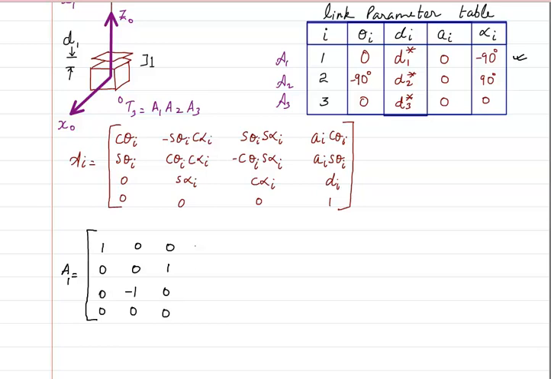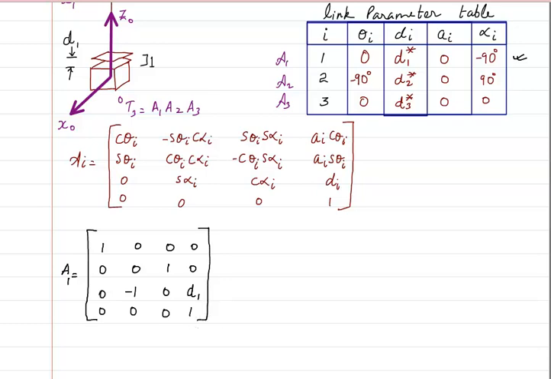Then finally what we have is a i distance here is 0, so this becomes 0, 0. d i is d1. I'm not going to put a star here. So this is what is going to be the A1 matrix.